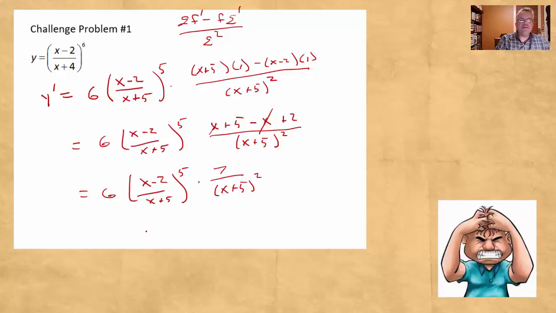I can simplify a little bit. So this next step, we can do or not. 6 times 7 is 42. We have x minus 2 to the 5th. And we have x plus 5 to the 5th times x plus 5 squared, which is x plus 5 to the 7th.